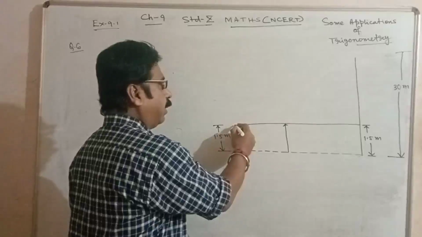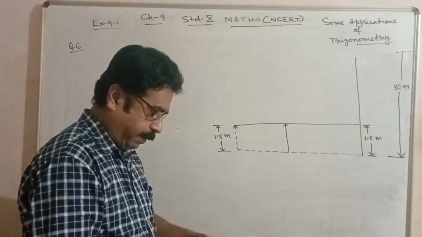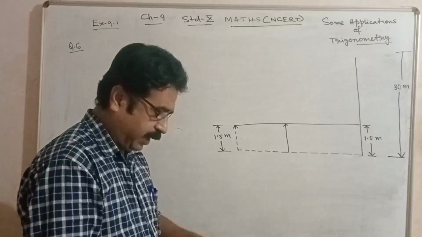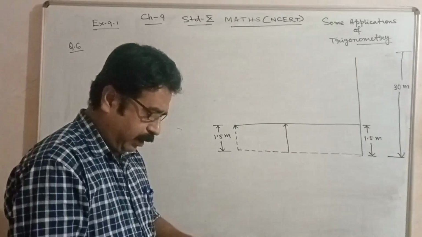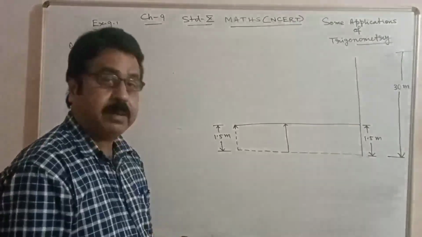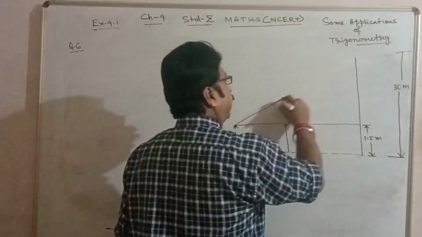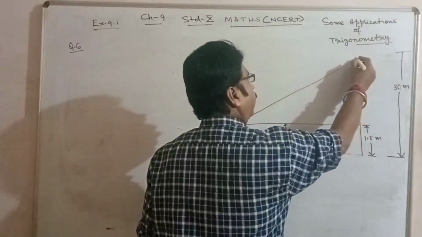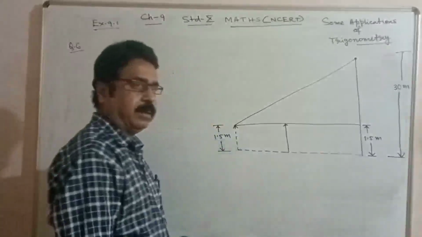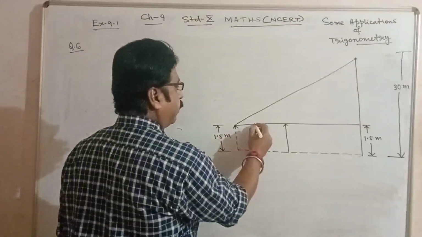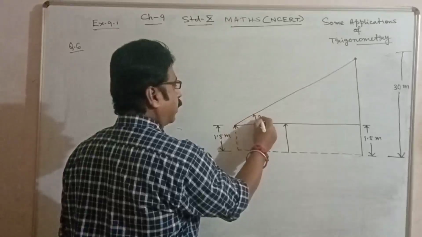And from his eyes, the angle of elevation of the top of the building, this is the top of the building, is 30 degree.